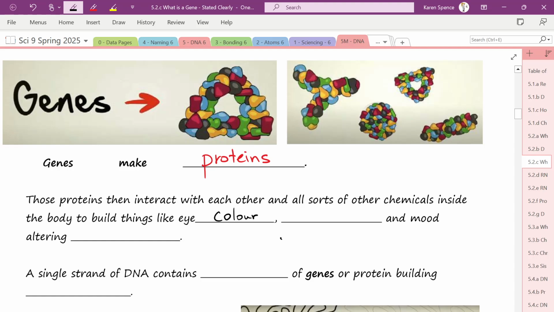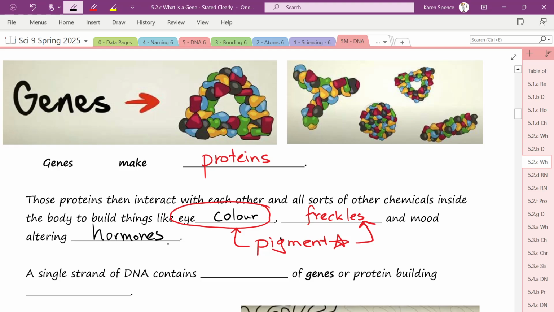What kind of a protein would make eye color? A pigment. So you should know the word pigment. Freckles. And freckles are also a pigment. And mood-altering hormones. And you should know the word hormones.